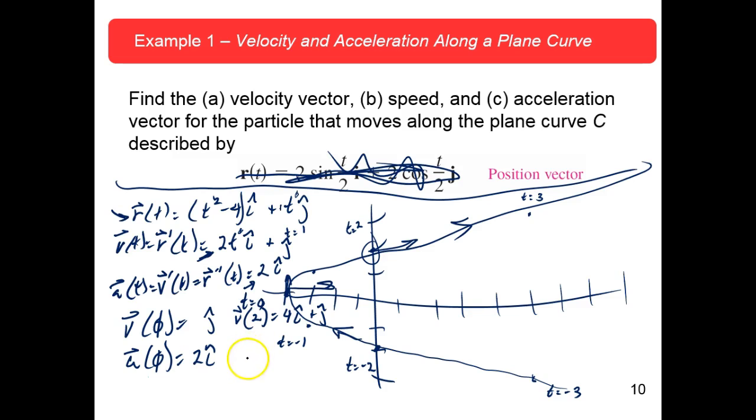Let's do the acceleration at time t equals 2. And what would that be? 2i. Okay? That means the vertical component isn't changing, so everywhere along here, your acceleration is 2i.